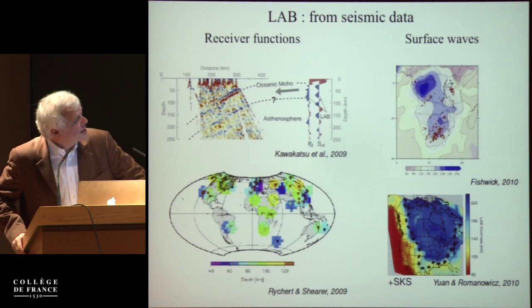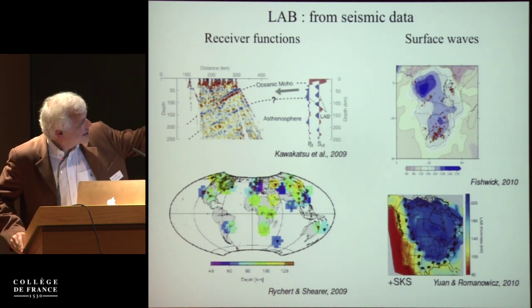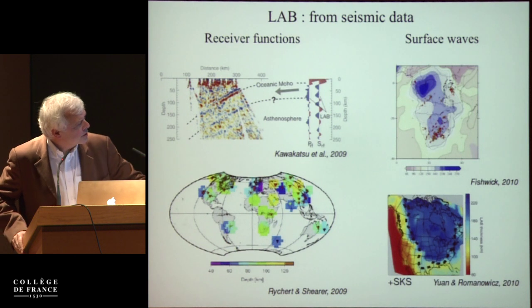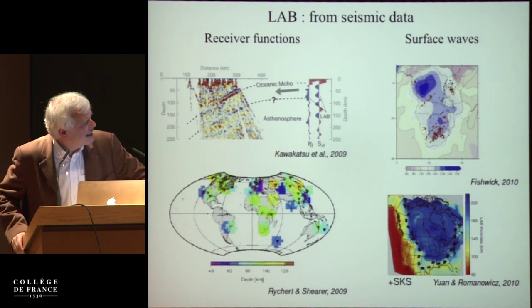Of course, we can use receiver functions, we can use surface waves, and there are different estimates. If you look at the figure by Rychert or by Kawakatsu, it is not at the global scale, but from Rychert you see that we get something which is not very deep in terms of LAB compared to what we get from surface waves.